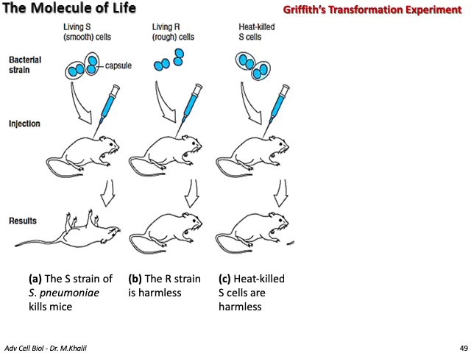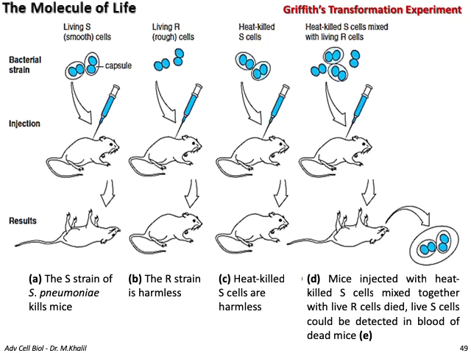When he took the S strain and heat-killed it, then injected it, the mouse was still alive. When he combined heat-killed S cells mixed with living R cells and injected the mouse, it died.